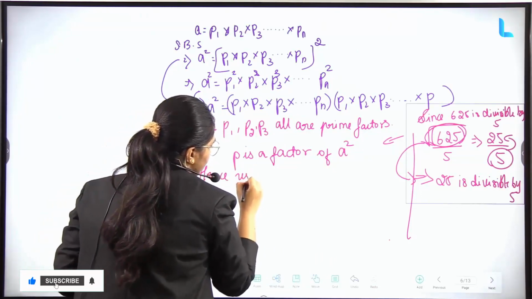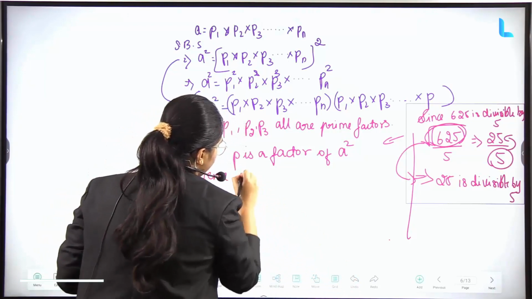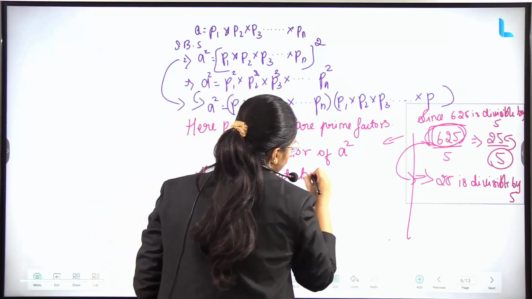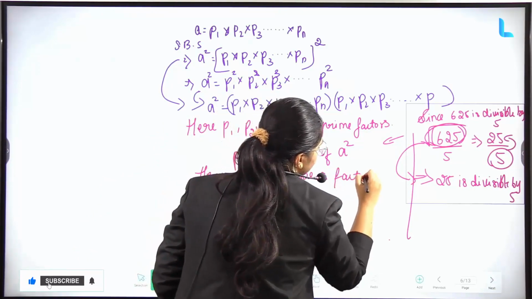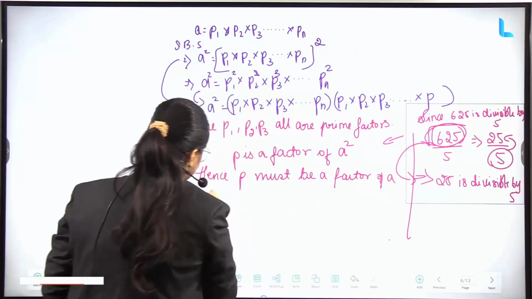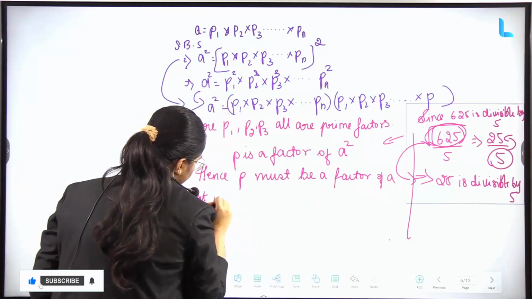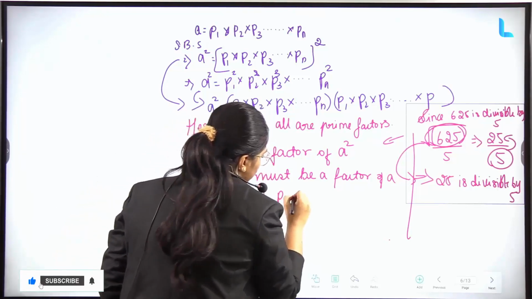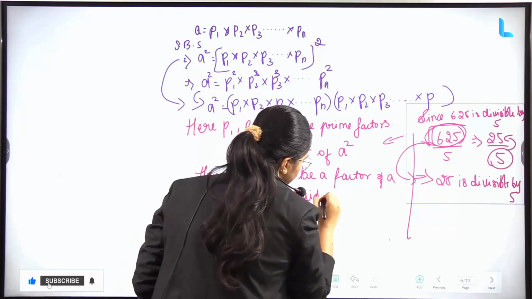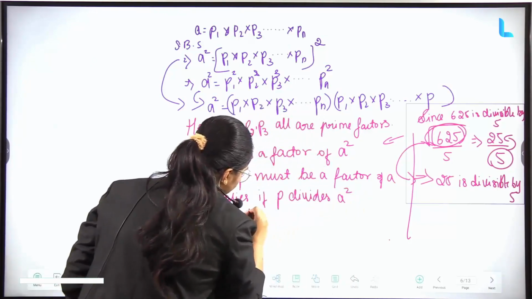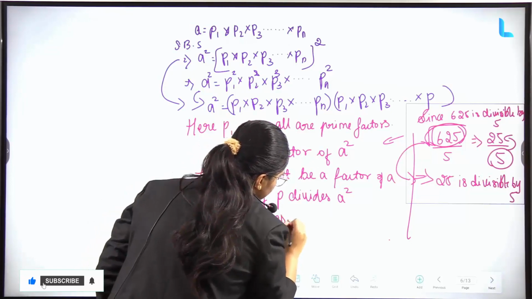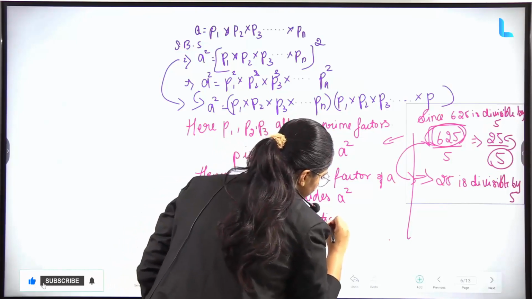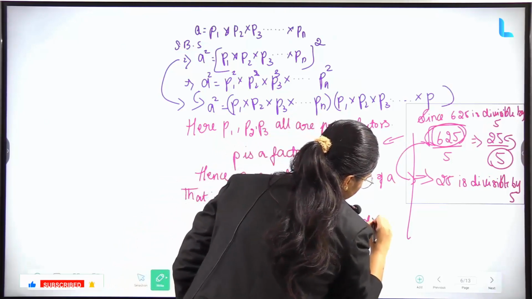Hence, P must be a factor of A. That implies if P divides A square, it has to satisfy P divides A.